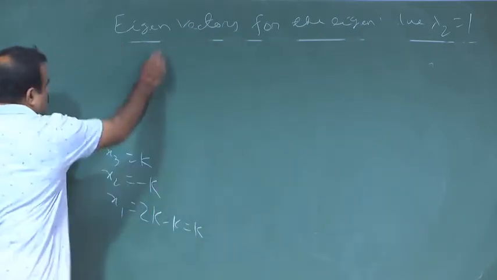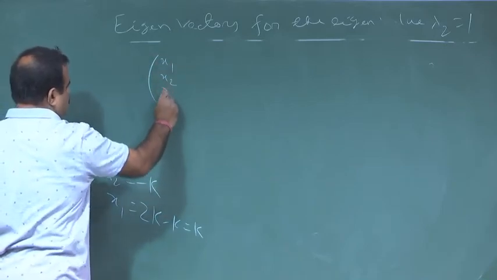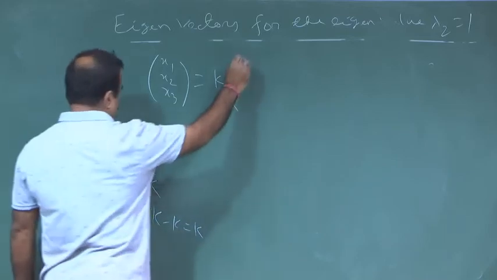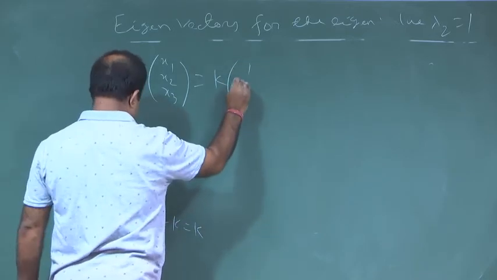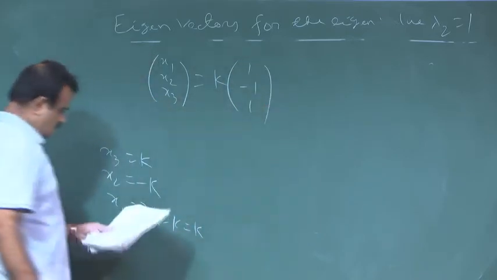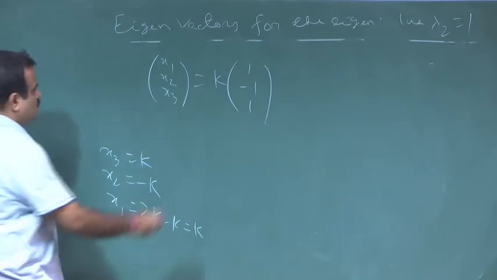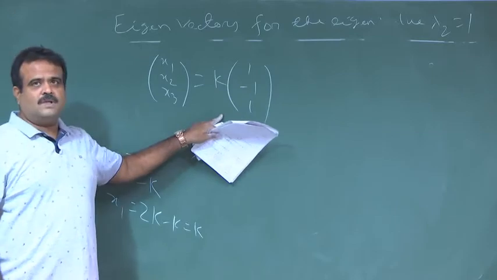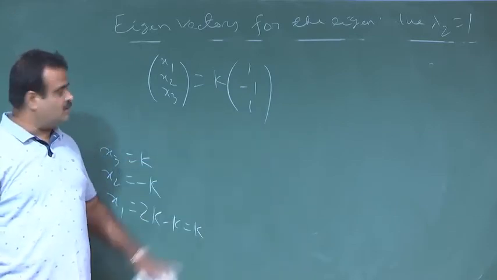So, x 1, x 2, x 3, we take k common, it is 1, minus 1, 1. So, this is generating all possible eigenvectors. Every eigenvector is of this form.